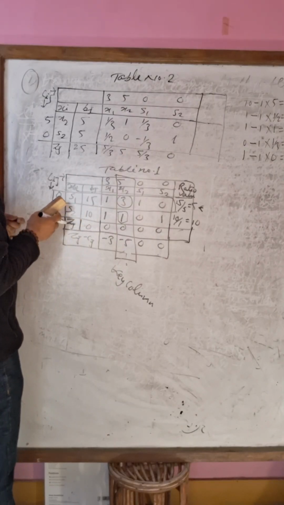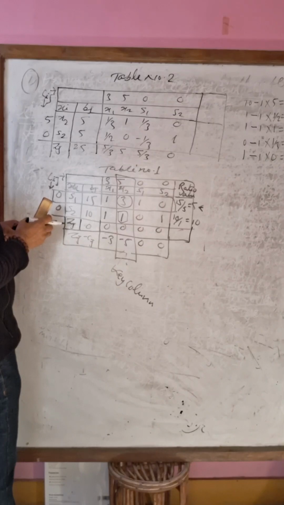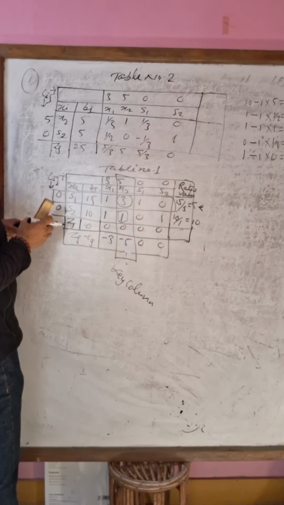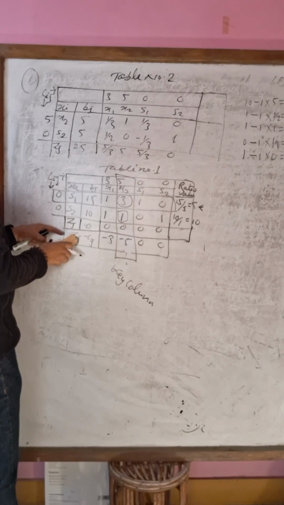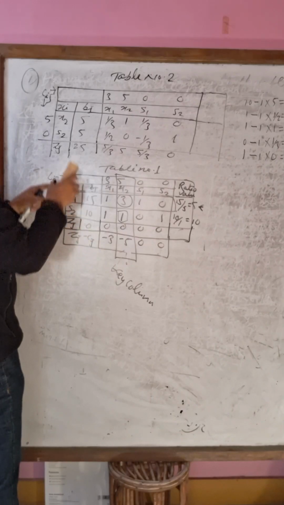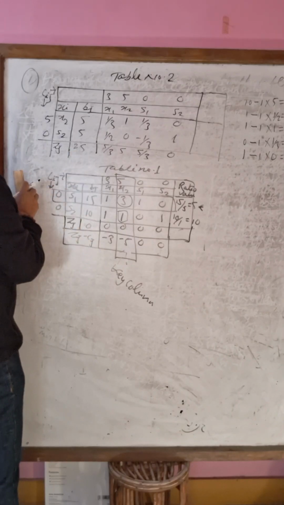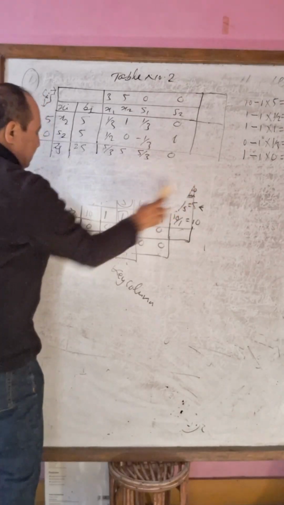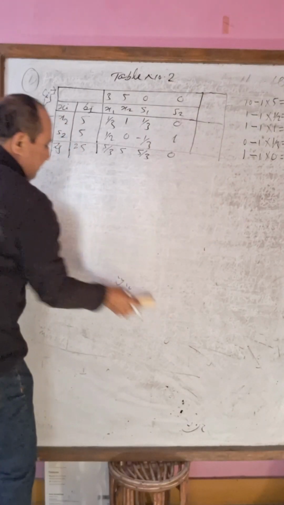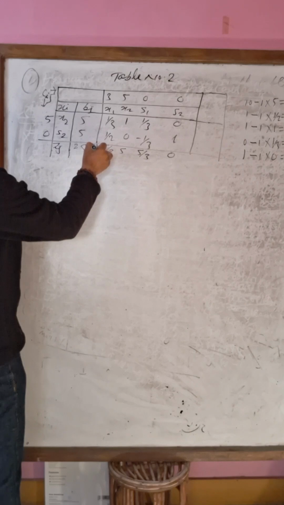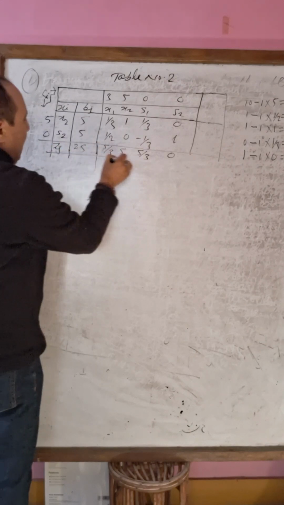Now after that, what will we do? We will do ZJ minus CJ. We calculate ZJ minus CJ in another row. Now this table I erase.